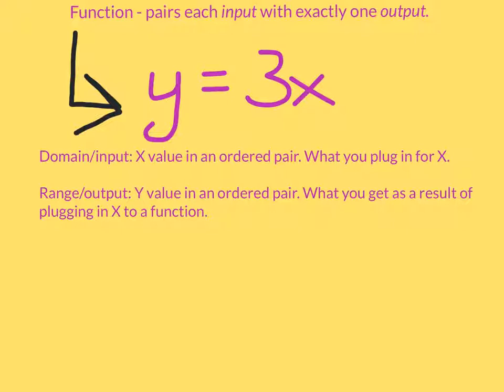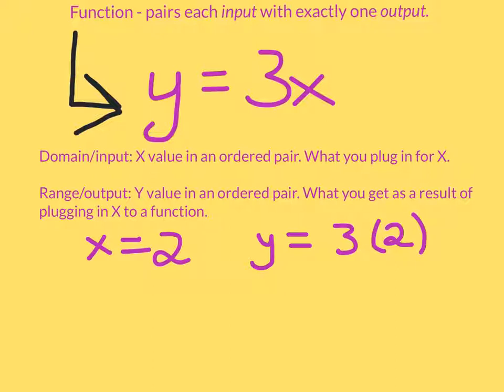Let's say we had an input, okay? Let's say an input of 2. So we make x to be 2. And that's our input, or our domain. It's the x value. So we're going to put it into this function, and we're going to make x 2. So let's rewrite this function, and instead of x, we're going to put 2 in there.